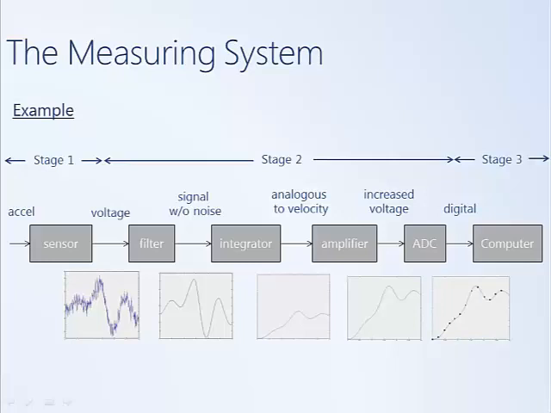Specifically, we're just going to take this continuous signal and sample it at different periods of time. And then this stage 3, the computer, can then use these inputs that it's reading in to calculate different things. Each stage of this measurement process can introduce error and can introduce dynamics. And so we need, in essence, to understand the effect of each stage.